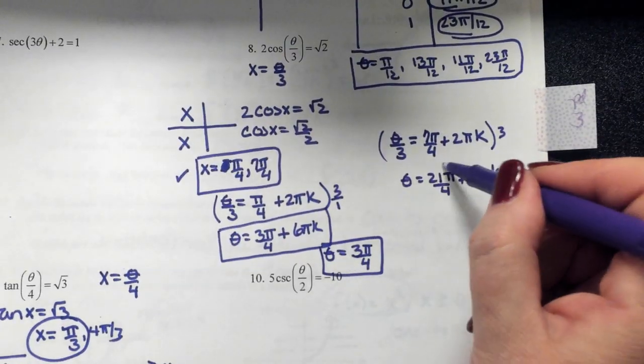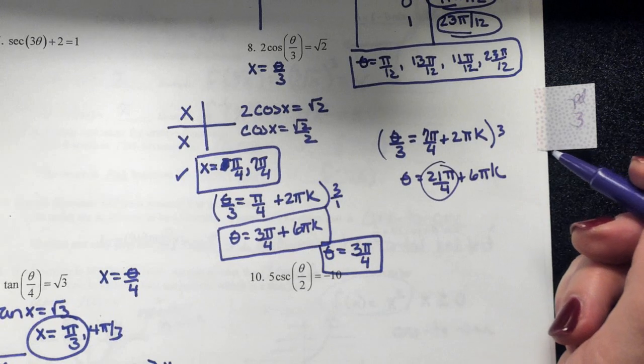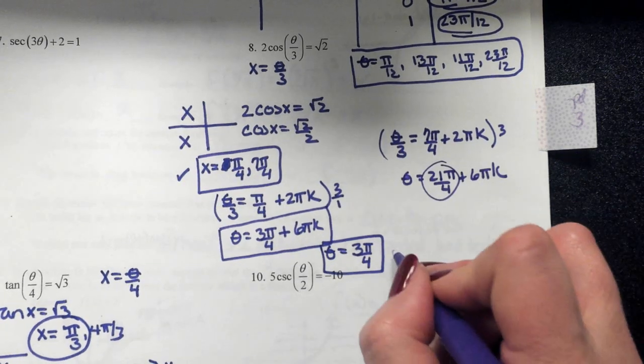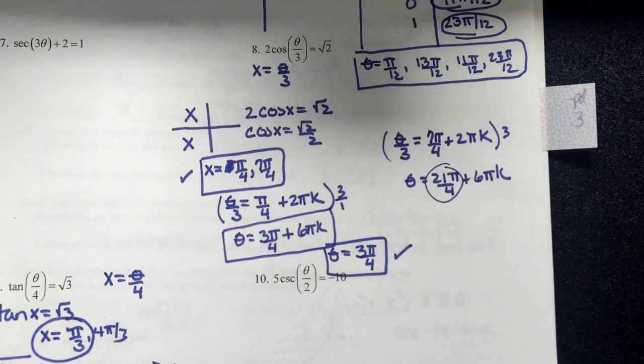Is 21 pi over 4 already larger than 2 pi? Yes. So I only have one solution between 0 and 2 pi for this particular answer. Okay? That's it. Just 3 pi over 4. Okay? So any questions on that?